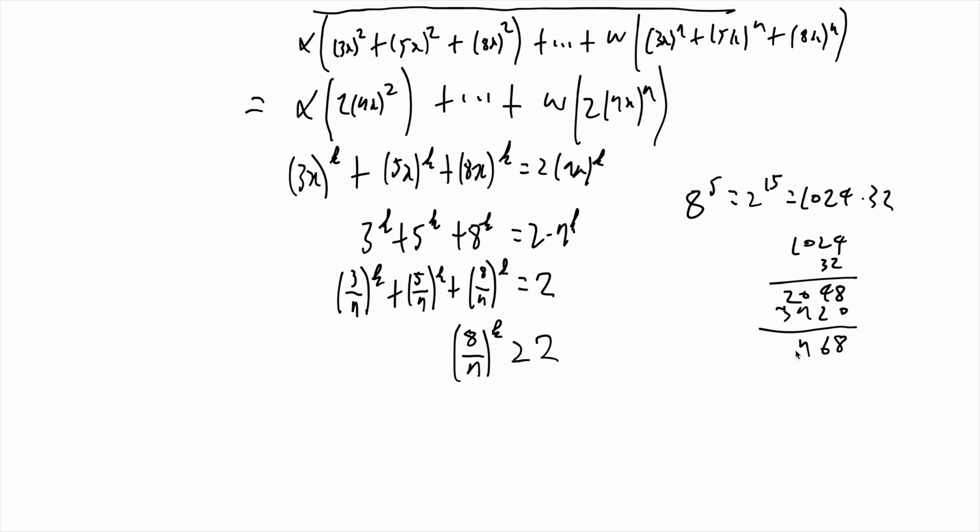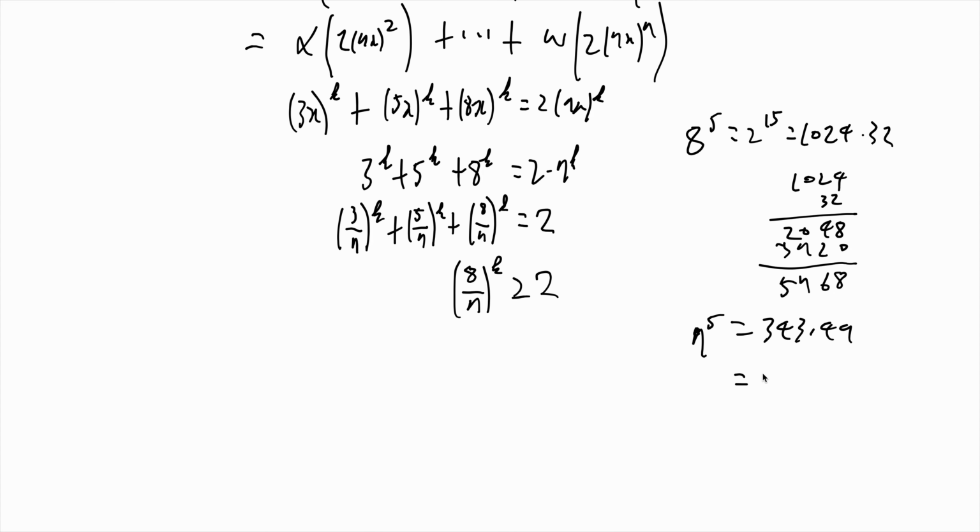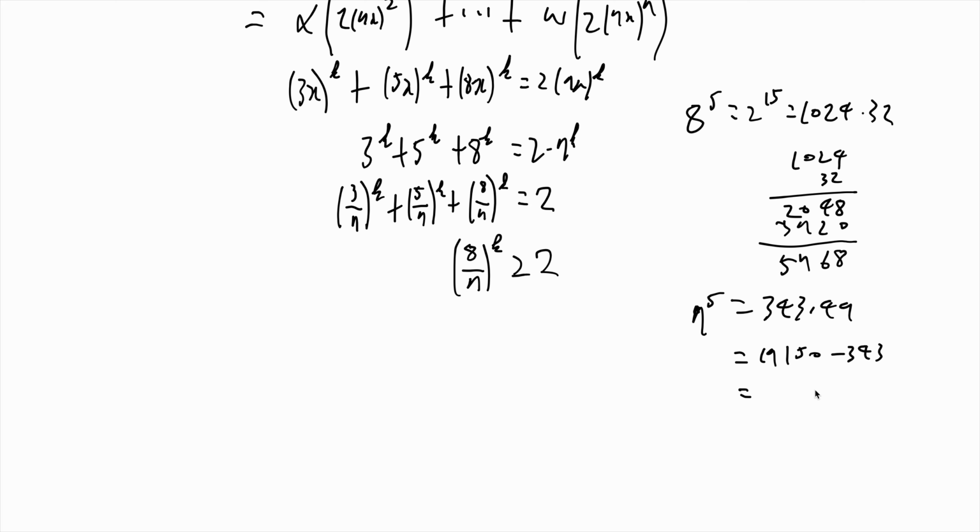It's not a bad number. 7 to the power of 5. I need to do this. This is equal to 343 times 5, 5, 1, 2, 1, 7. Please tell me if I made a mistake. I haven't checked this with a calculator yet.